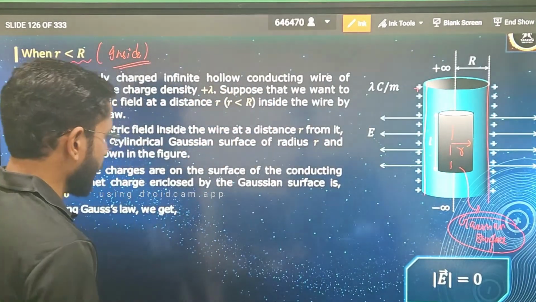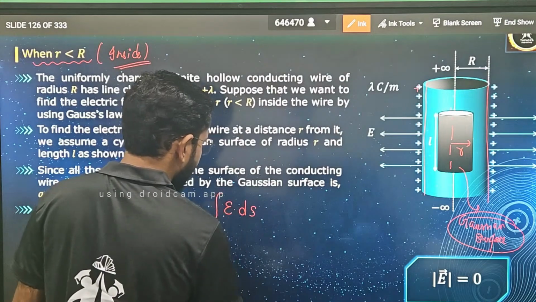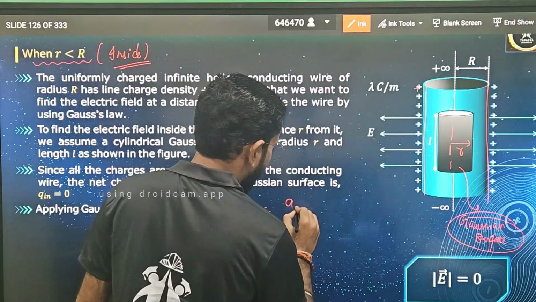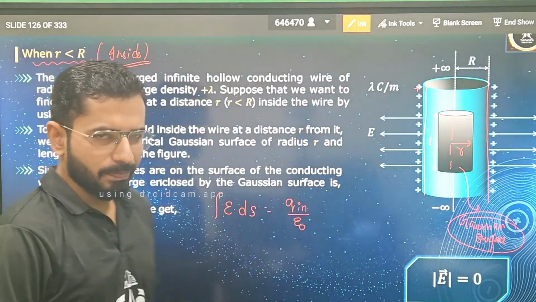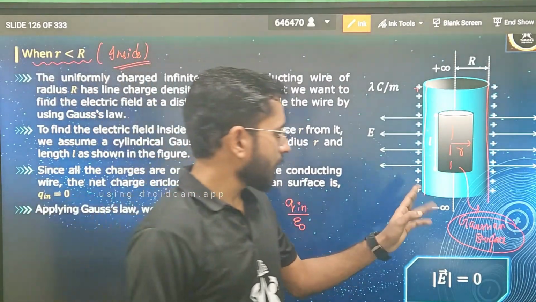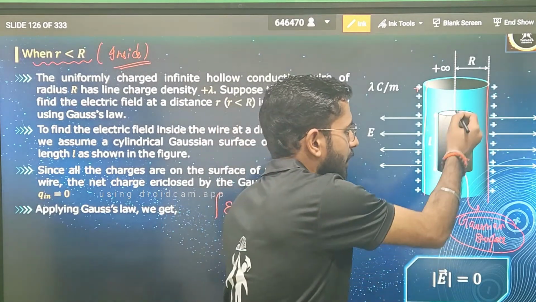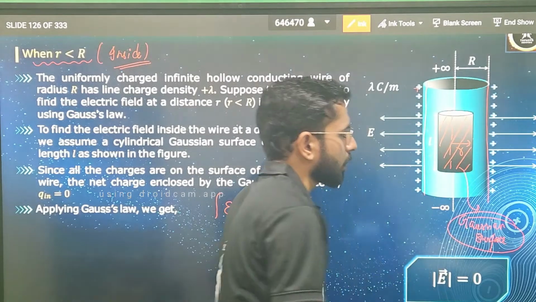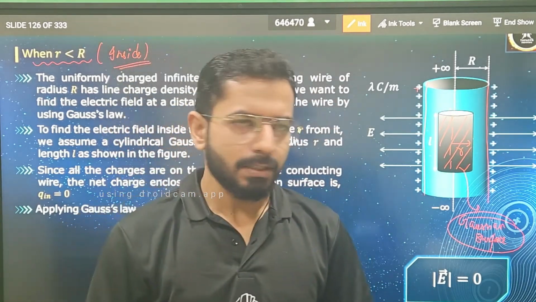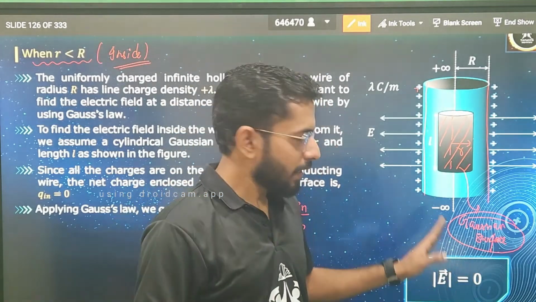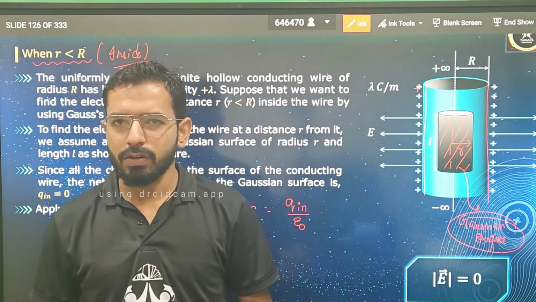Now what will you do? You will write the integral of E dot ds equals the net charge present inside divided by epsilon naught. Now tell me, student, if all the charges are present at the surface, what is the net charge inside the Gaussian surface that you have drawn? If all the charges are present at the surface, can I say there is no charge present inside your Gaussian surface?